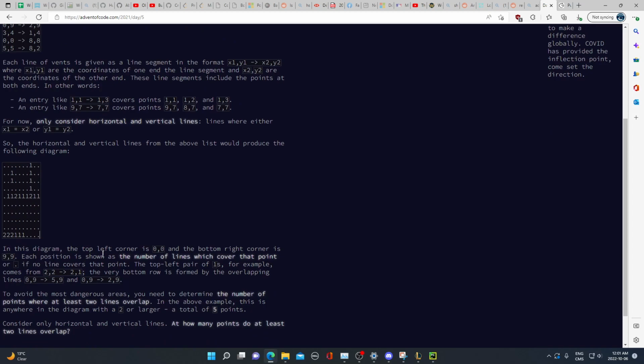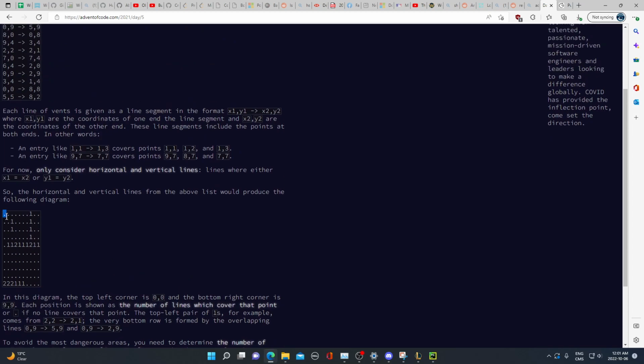In this diagram, the top left corner is 0,0 and the bottom right corner is 9,9. Each position is shown as the number of lines which cover that point, or a dot if no line covers that point. The top left pair of ones, for example, comes from 2,2 to 2,1. And the very bottom row is formed by the overlapping lines 0,9 to 5,9 and 0,9 to 2,9.